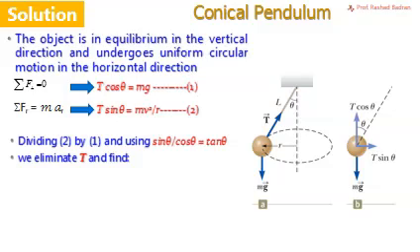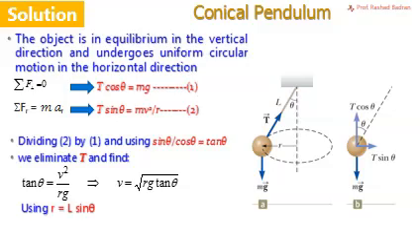And then we get rid of the tension by dividing equation 2 by 1, and we get the speed v equals the square root of g r tan theta.